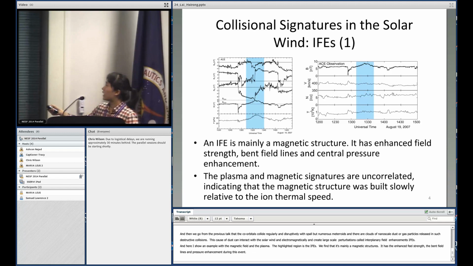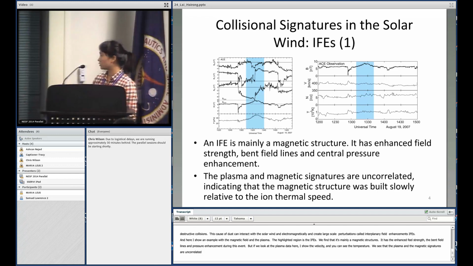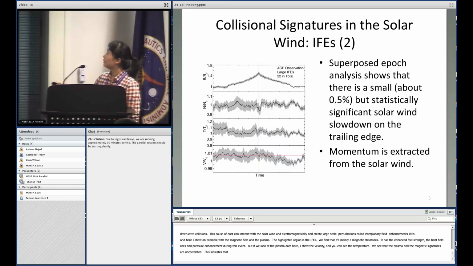But if we look at the plasma data, here I show the solar wind velocity, solar wind proton number density, and the temperature. We see that the plasma and the magnetic signatures are uncorrelated. This indicates that the magnetic structure was built slowly relative to the thermal speed.